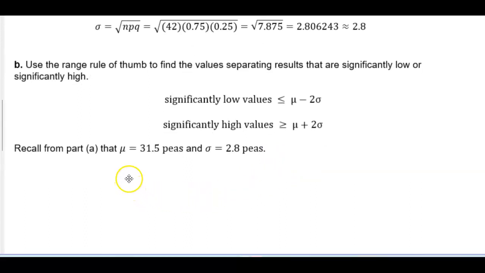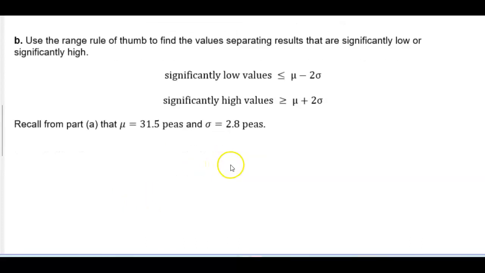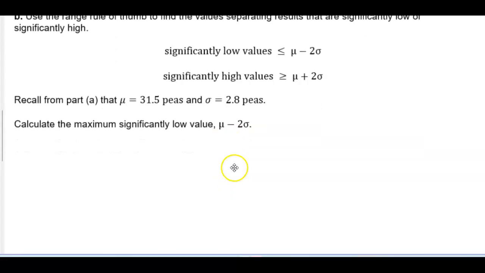So recall that in part A we found the mean to be 31.5 peas and the standard deviation was 2.8 peas. Calculate the maximum significantly low value first. So we're going to take our mean, which is 31.5, subtract 2 times the standard deviation of 2.8, and that gives us 25.9. That represents the maximum significantly low value.